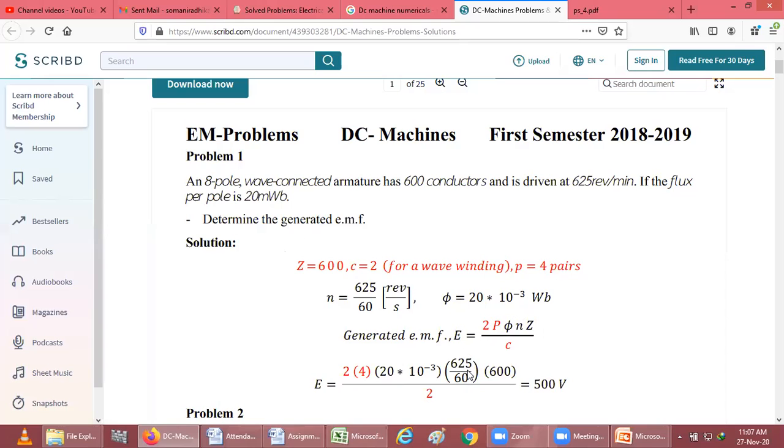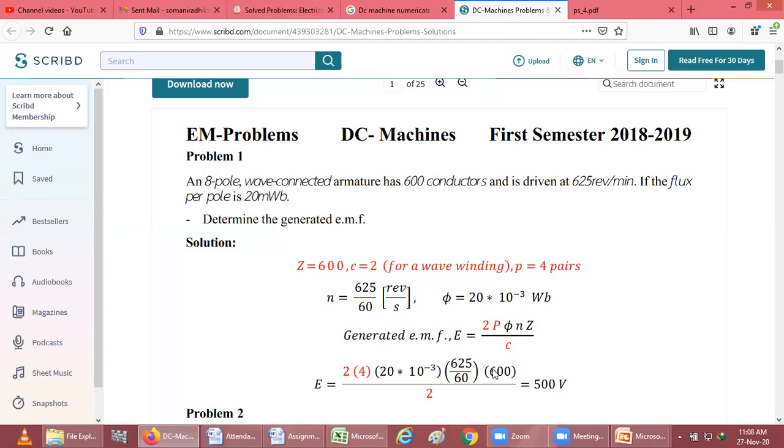They have given the value for small n, that is nothing but 625 upon 60, because you are converting capital N into small n. Again you have the number of conductors, that is Z. What value have they given for Z? They have given Z's value as 600. So if you put all these values, you will get EMF equal to 500 volt.